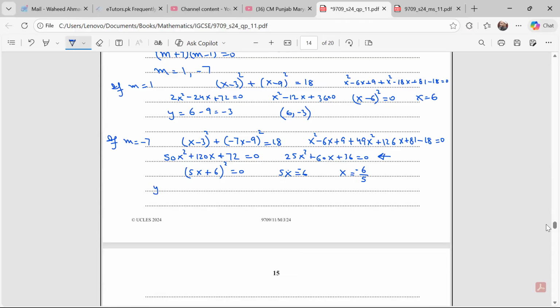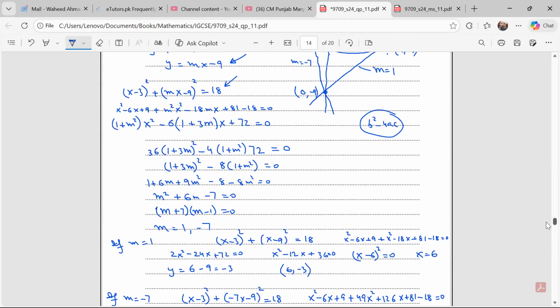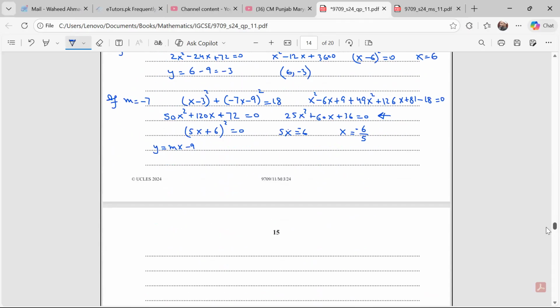Remember, we have the equation y is equal to mx minus 9, the equation of the straight line. I know that the value of m is minus 7 and x is minus 6 over 5, and minus 9.